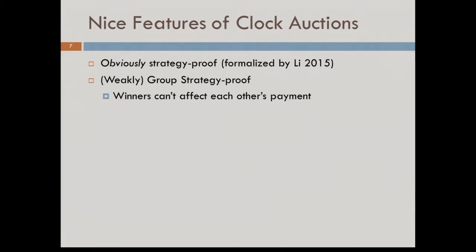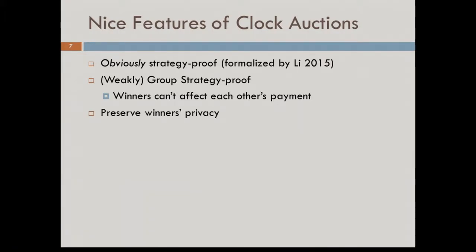They could still be winners, but each winner could increase the price of the other winner, so that would be a Pareto improving deviation. So this here cannot happen. When stations A and B win together, their price is determined only by station C. So they cannot really find any way to find this Pareto improvement.